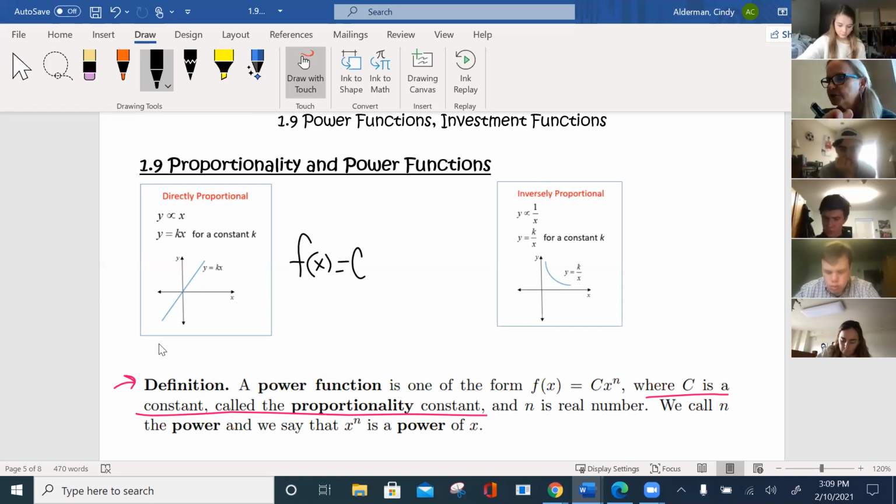What every other algebra book uses a k for, they're using a c. And then it's just x to some variable, right? So when that variable is positive, you have direct proportion. So if n is greater than 0, we have direct.